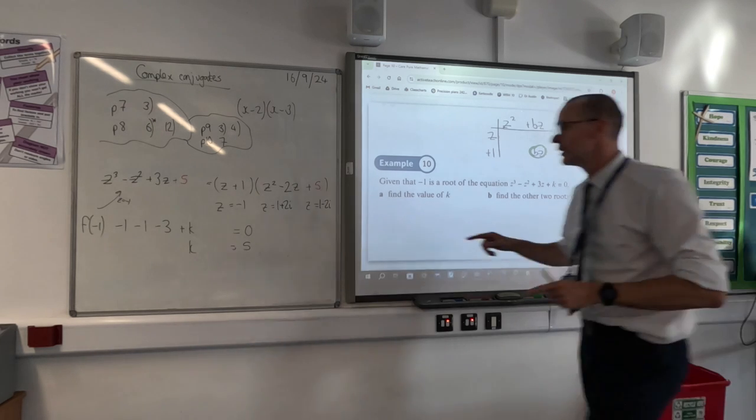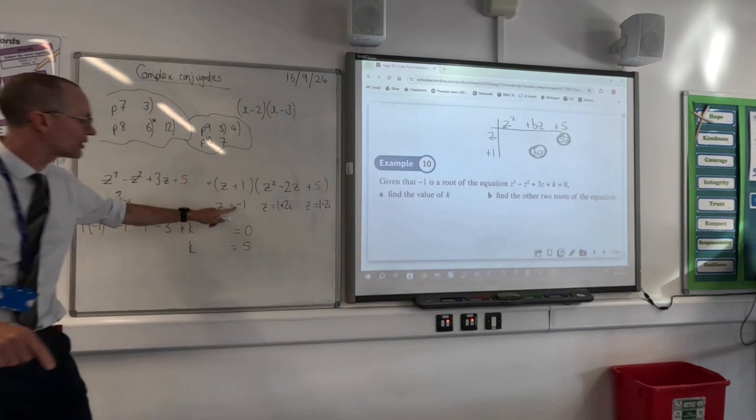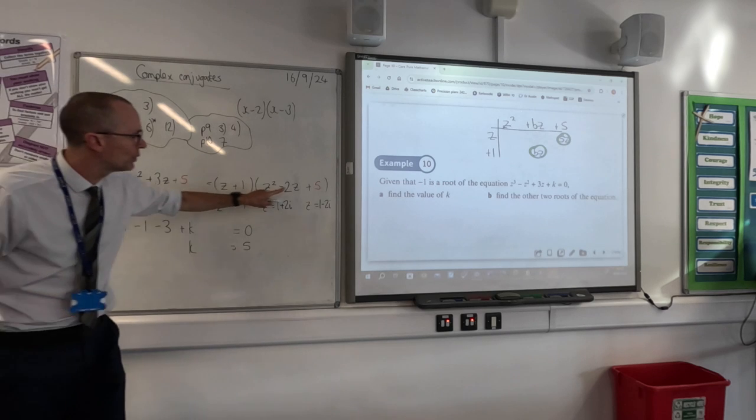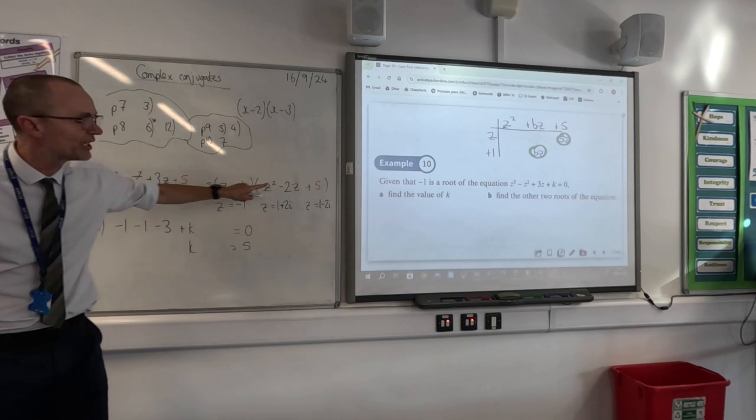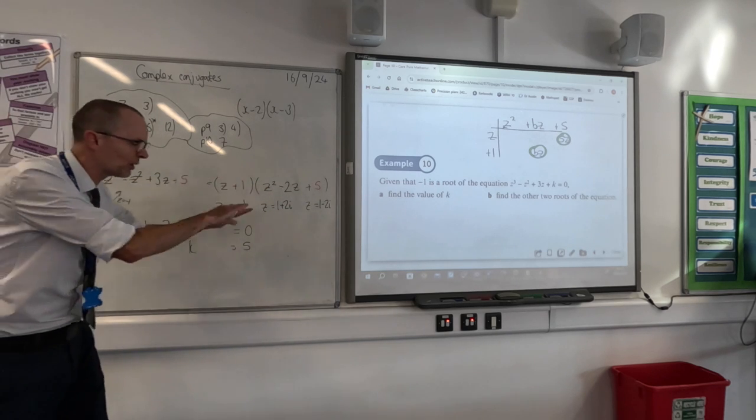So they told us one root, which allowed us to get one factor, and we were then able to work out what the other 2 factors multiplied together would be, and then we could solve it.